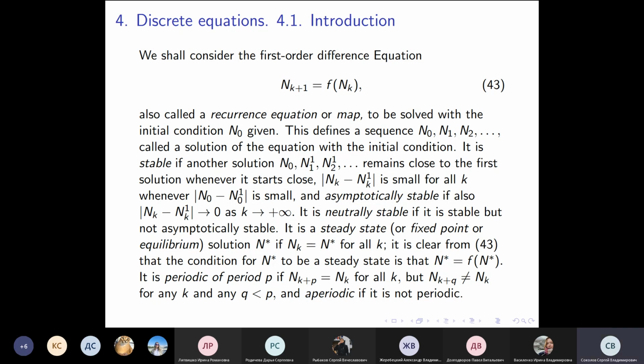What are these animals that can be described by these difference equations? As you said, rabbits, no?